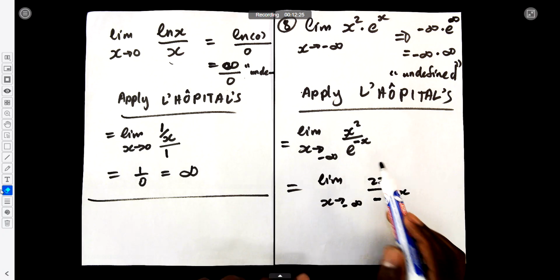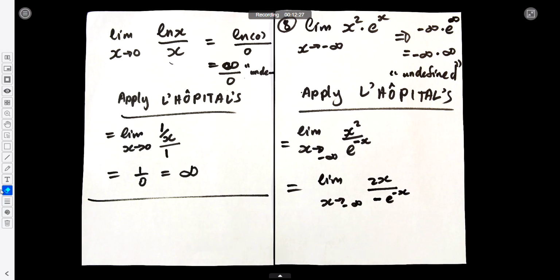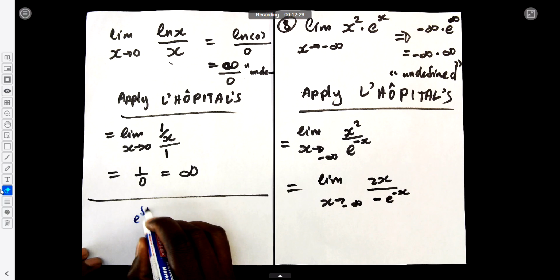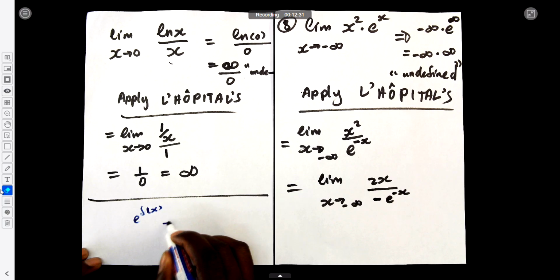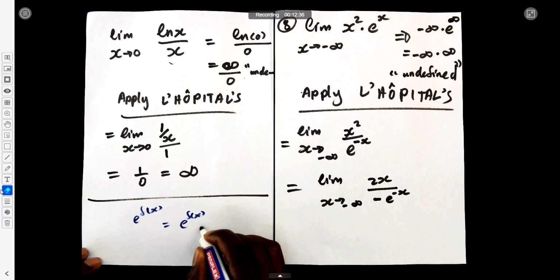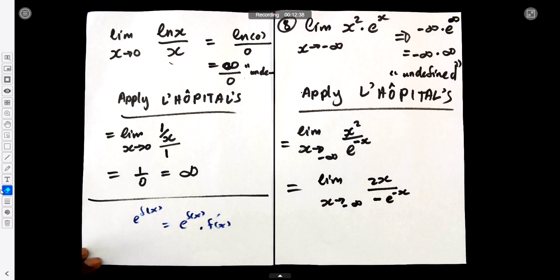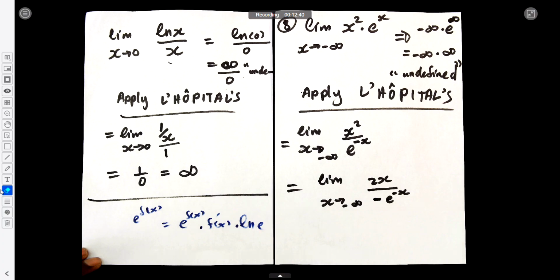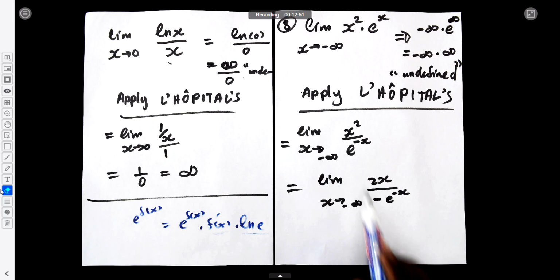Remember when you differentiate an exponential function, e to the power of x, the function always appears, multiplied by the derivative of the exponent, and multiplied by ln of the base. With a natural logarithm, ln e is 1, so we just have the derivative of the exponent. That's why the derivative of negative x is negative 1. I hope you still recall that.